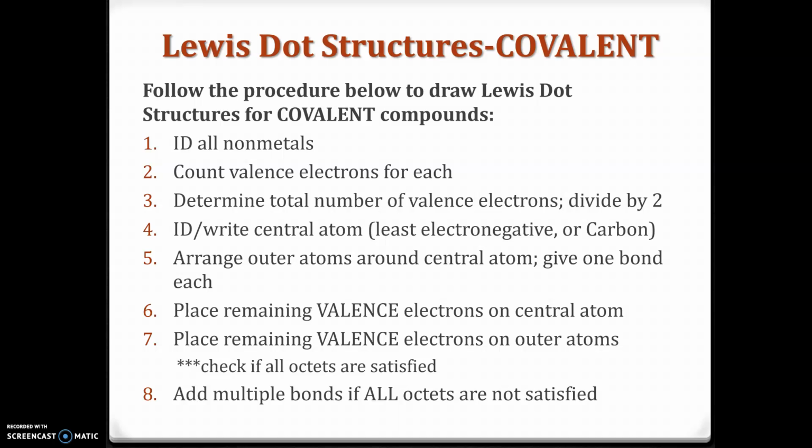If not, you may need to rearrange some things or pull some electrons from the different atoms to create an additional bond. Your clue that you have to move on to step 8 is that everybody's octets are not satisfied, or if you have an odd number of electrons that you're representing. So again, we'll look at that in just a second.